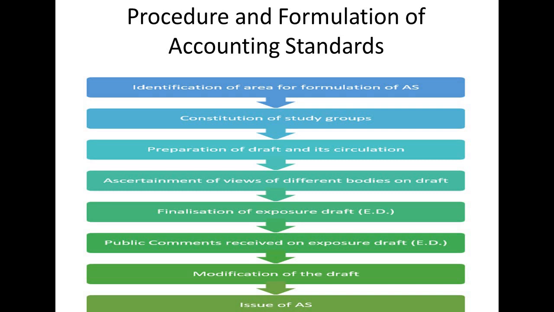And then if any modification is needed in the draft, the Accounting Standard Board, the study group, makes the modification. If no modification is needed, they may finalize. So after taking all these steps, only then does ICAI issue the accounting standard that should be applicable for all the companies. Thank you.